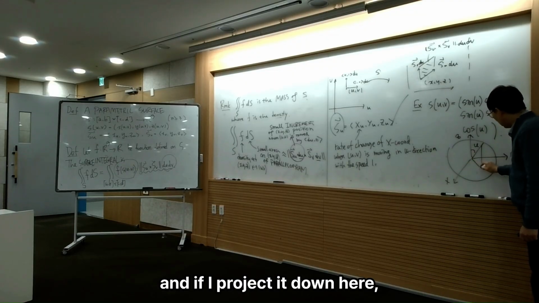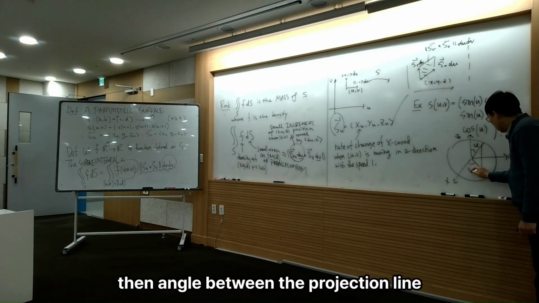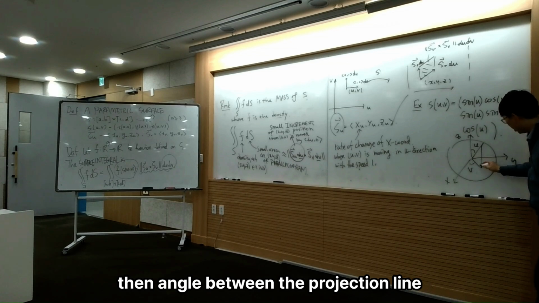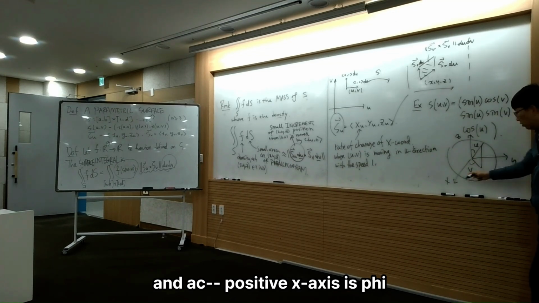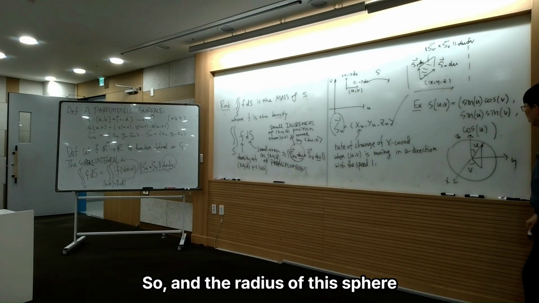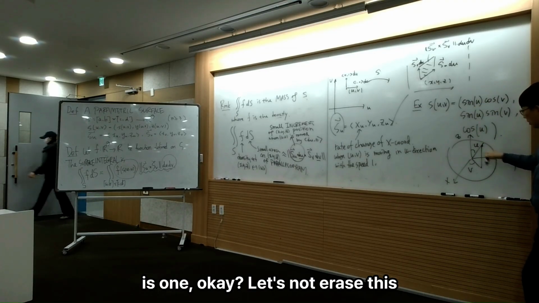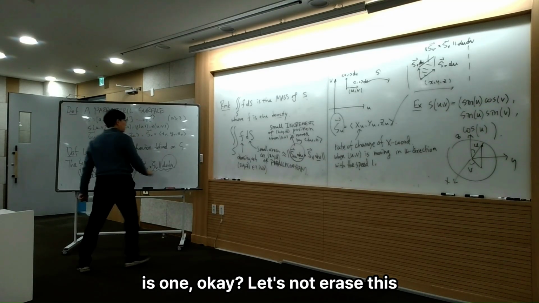And if I project it down here, then the angle between the projection line and the positive x-axis is v. So the radius of this sphere is 1. Okay, let's not erase this.